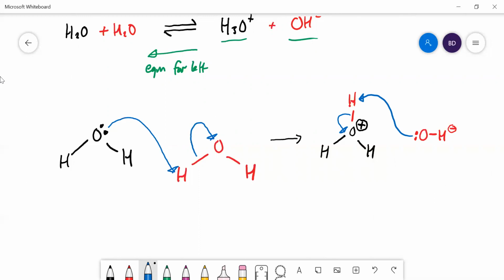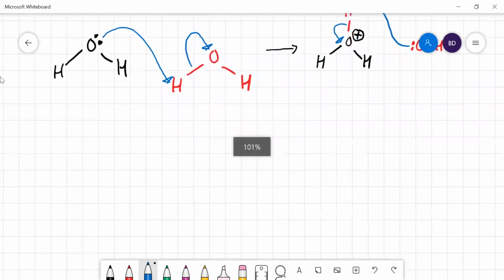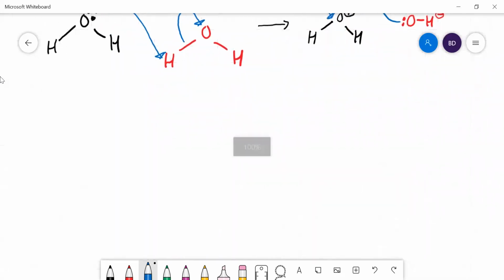Right, let's have a look at one which is probably, let's think about carboxylic acids. Okay, well, we've come across carboxylic acids at GCSE, and here's a carboxylic acid.